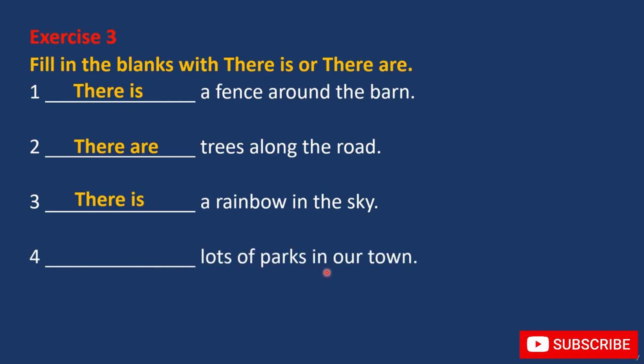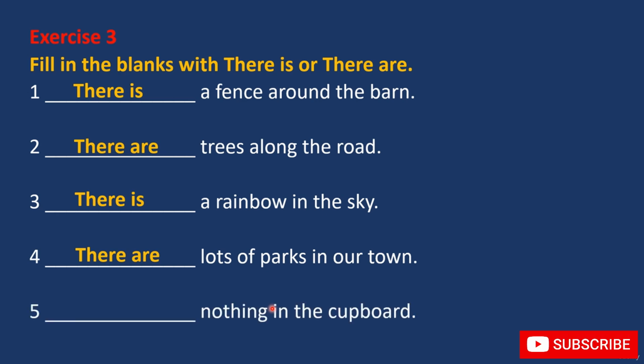Lots of parks in our town. Lots of parks. This is plural. There are lots of parks in our town. Great. Nothing in the cupboard. There is nothing or there are nothing. We use singular with the word nothing.